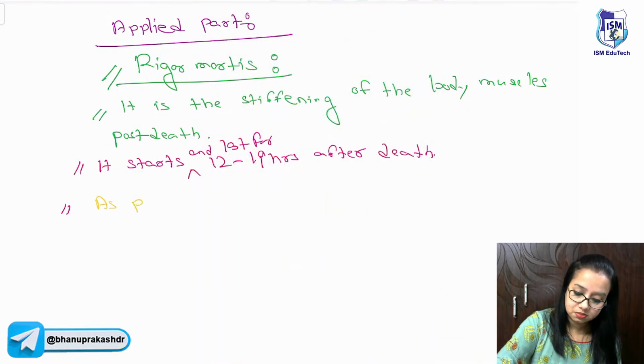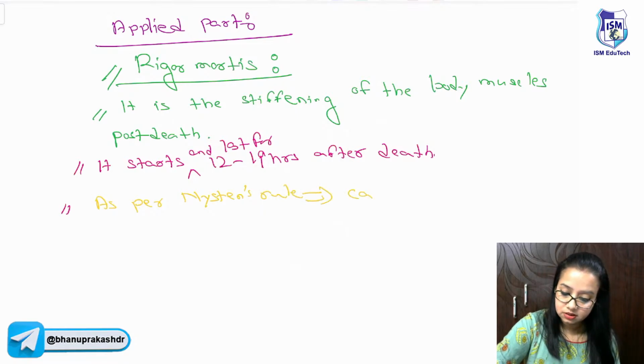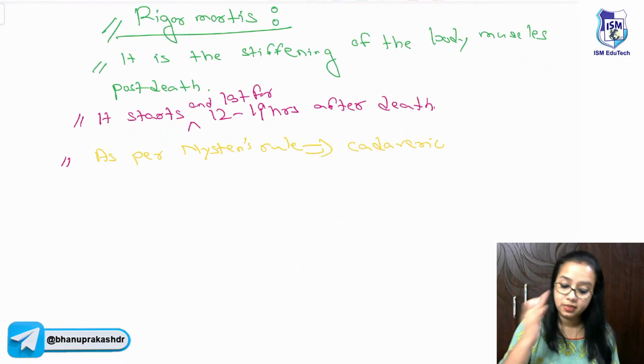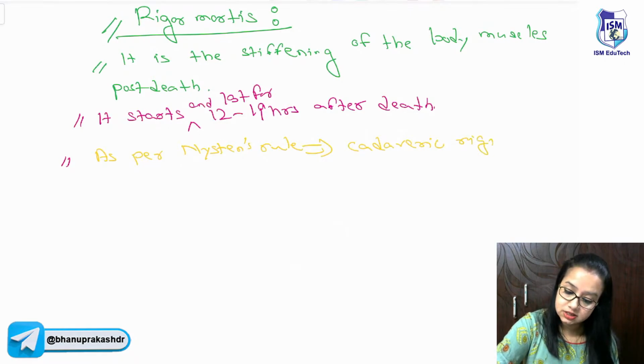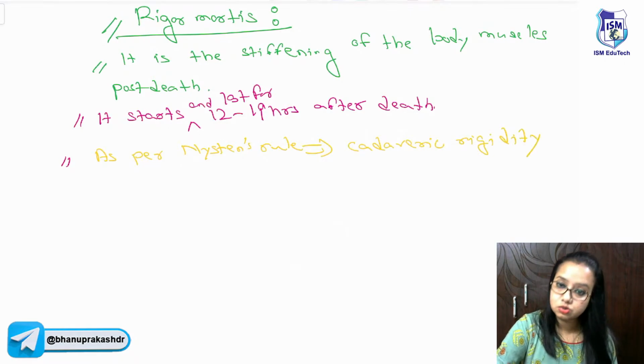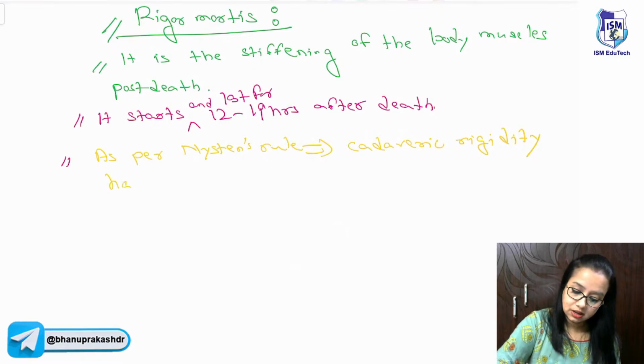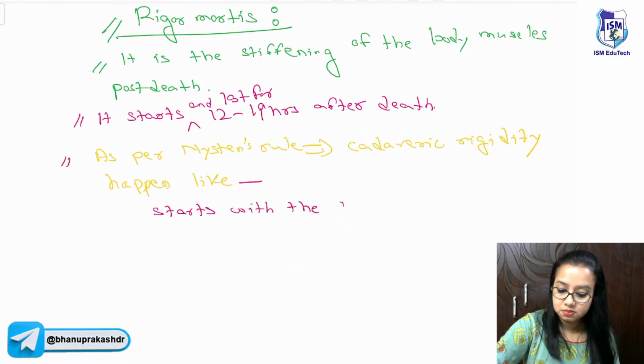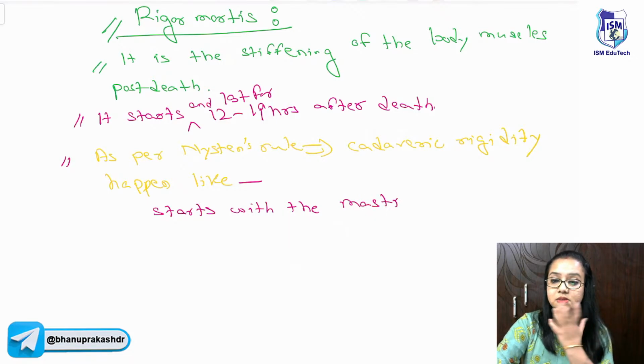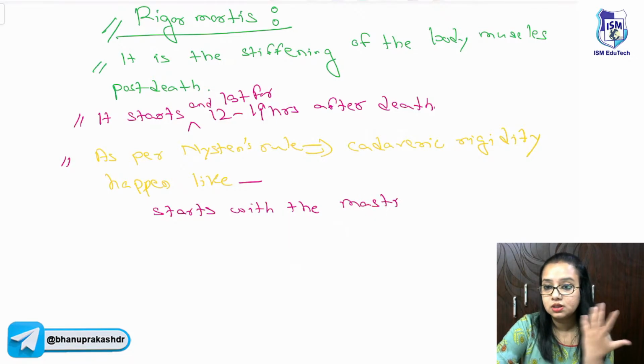Now, as per Nysten's rule, cadaveric rigidity, which also means the rigor mortis, starts with the mastication muscles, like the muscles of the jaw, the cheeks, and the chewing muscle.